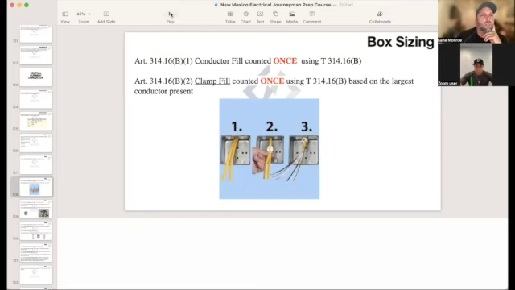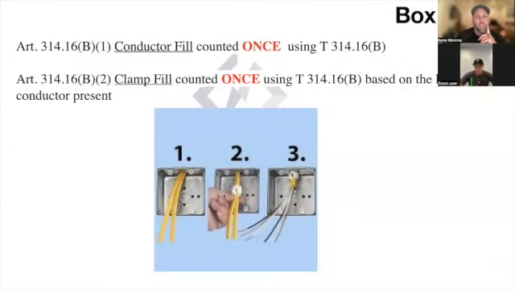Let me open this up so you can see a little better. This little clamp right here is counted once. And what it is, it's 1 times the largest conductor within the box. So you're asking, well, what the hell is that? Let's go back to 314.16(B), that table right there.